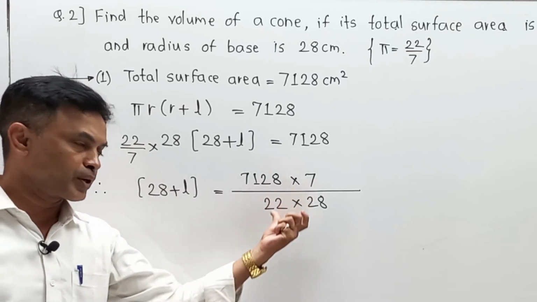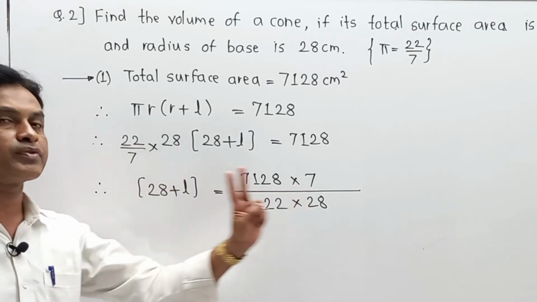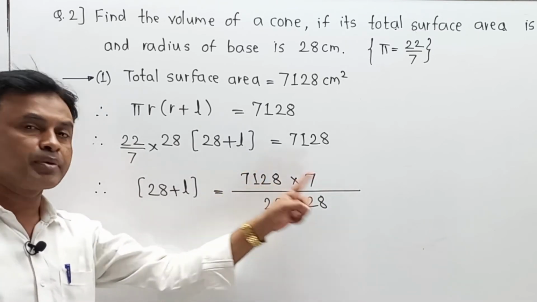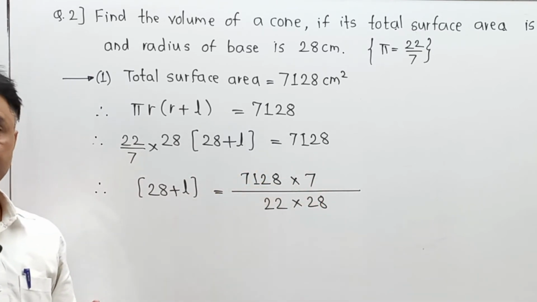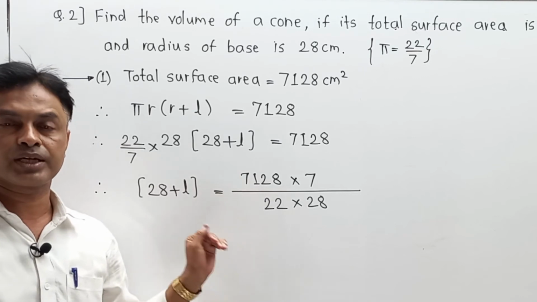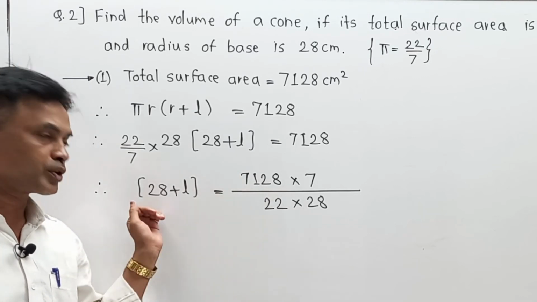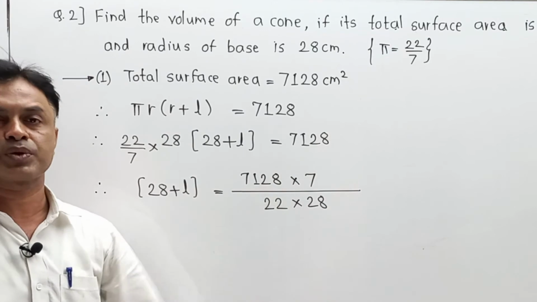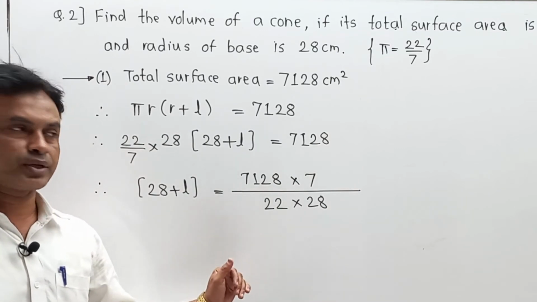When we get the simplification of this, again we have to shift this 28 to that side. But simplification of this step is most important, and if you make any silly mistake in the calculation, you will be in great trouble, because your answer will be wrong and the rest of the process will not give the correct answer.